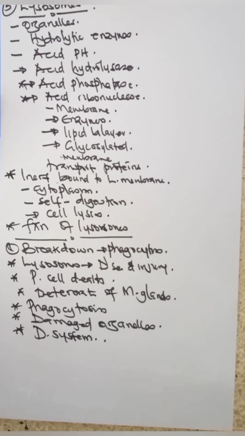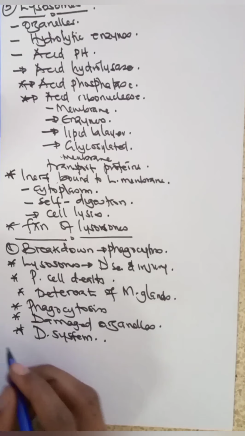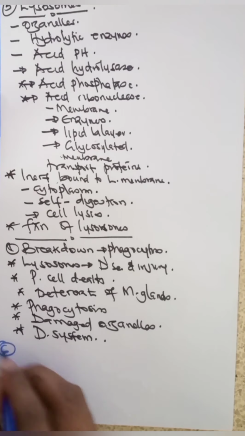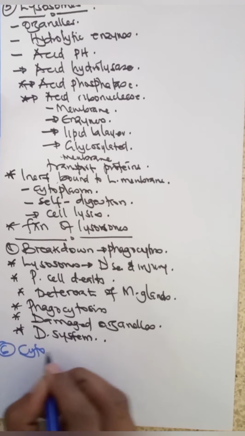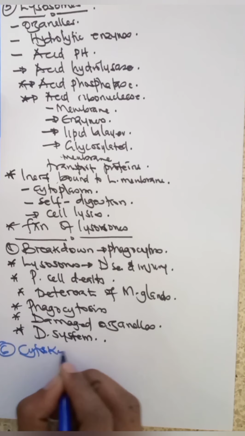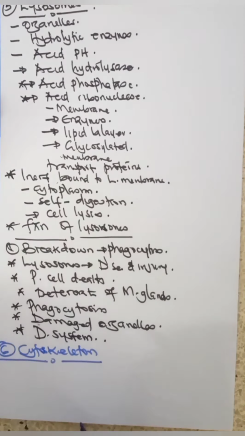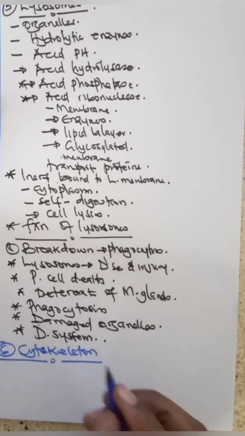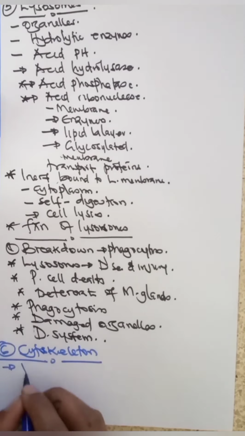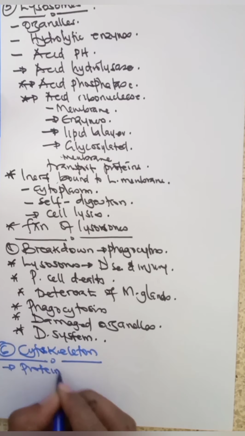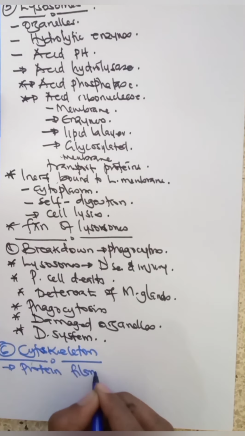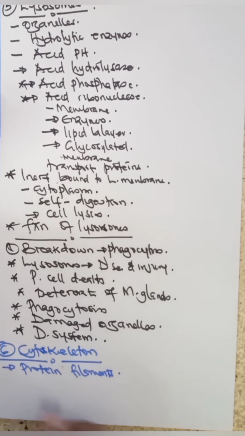Then the other key aspect we should be able to appreciate about the cytoplasm, as far as organelles are concerned, is the cytoskeleton. When you look at the cytoskeleton, of course, it is made up of 3 kinds of protein filaments.